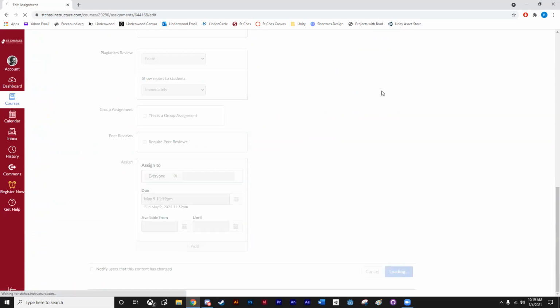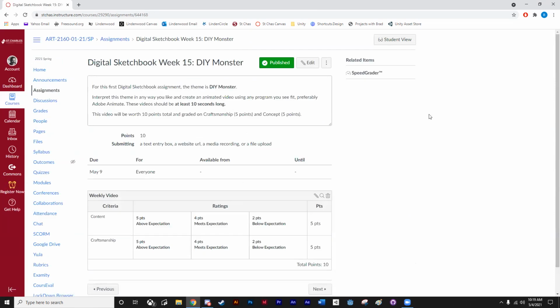Again, this week's digital sketchbook is DIY Monster. So kind of weird, kind of specific, but I'd like you to use some of the stuff we'll be looking at today, at least one technique, whether it be a lightsaber or blaster, or crawling text or whatever, and make some sort of DIY monster.